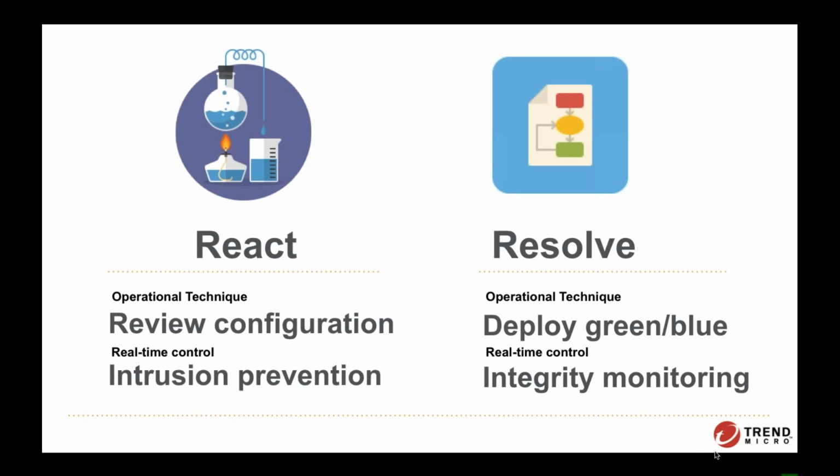So again, to bring it back full circle, we've got this notion of react. Reacting is reviewing those configurations, taking those proactive steps to ask, do we have things set up in the right way? Do we have the right systems able to talk to each other, and only talk to each other?